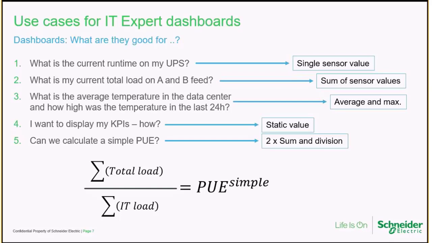So we want to make a total load, so that would be the load of all our UPSs. We want to divide that with the load of all of our rack PDUs, and then we will get a PUE out of that. So we need to do 2 times summaries and then divide that with each other.